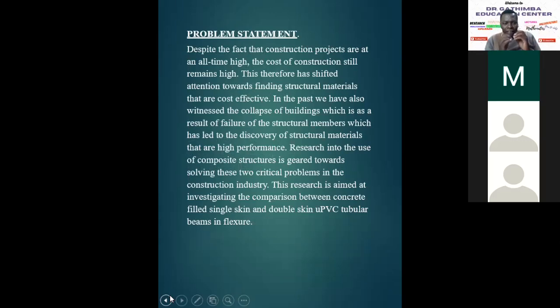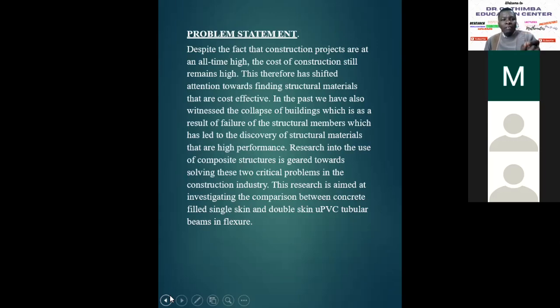By the time you finish the background information section, the reader has already seen the problem you anticipate to address, and with that you come and state the problem statement clearly and categorically. You don't start again all the way from the issue of cost and all that, unless that's your issue. If you are talking of cost comparison, then it will be your specific problem.